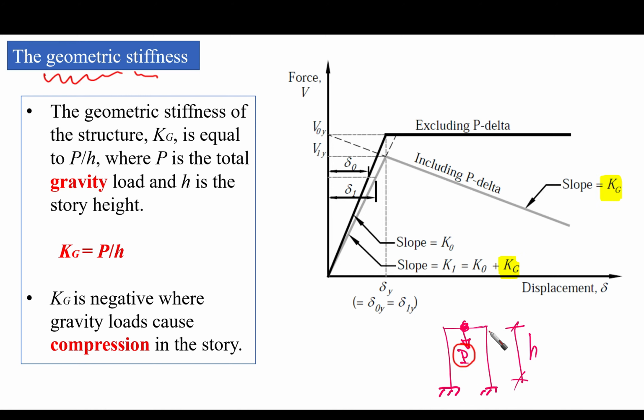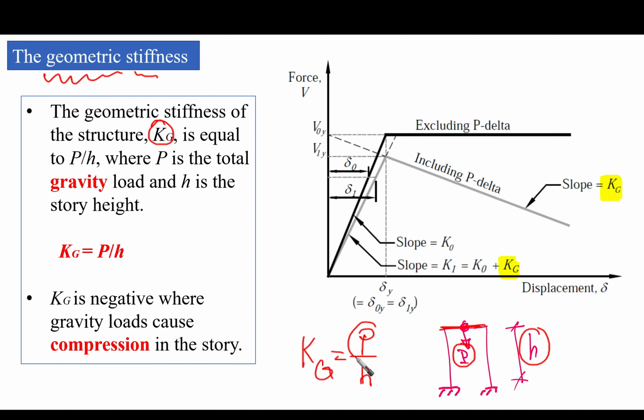And the height of this building, if we are talking about a one-story building, for example, is H. So we are going to introduce a parameter called the geometric stiffness of the structure, designated Kg, which is equal to P over H. So P over H equals Kg.